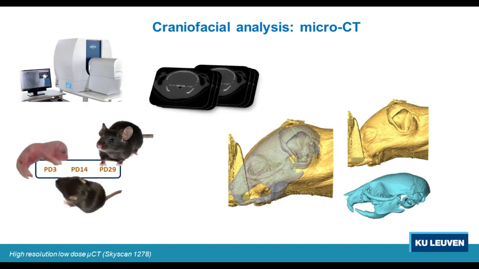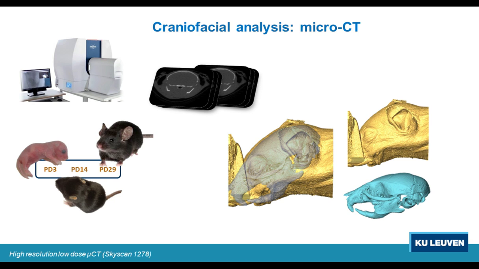Now, there's not only MR, so we are also scanning the mice in parallel with our microCT. Because we follow up the mice from really day 3 after development, the mice are in full development. So it's really essential to have a low dose protocol.